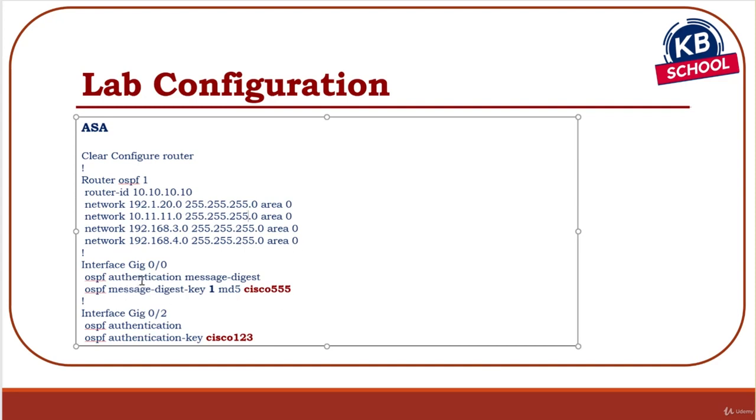And then I did authentication under gig 0/0, which is the outside, which is MD5. I did authentication on gig 0/2 towards the DMZ using clear text. When you say OSPF authentication message-digest, that's MD5. If you don't, it's clear text. ospf message-digest-key 1 md5 Cisco555 is the password on the outside, 123 on the gig.